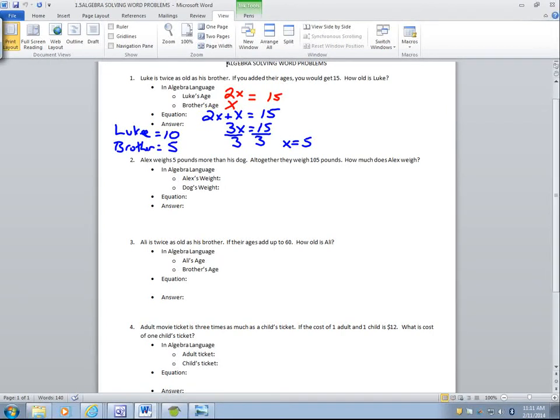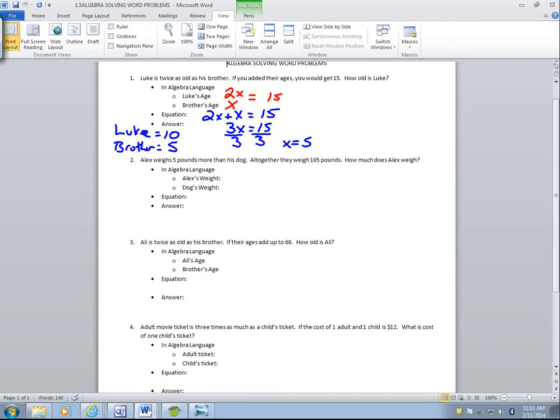Okay, I'll kind of start you on number 2, but I'm not going to finish it. Alex weighs 5 pounds more than his dog. Altogether, they weigh 105 pounds. Okay? So, what are we going to use for the variable for the dog?